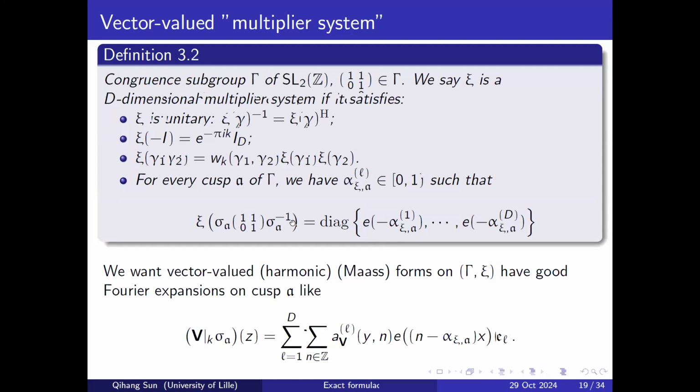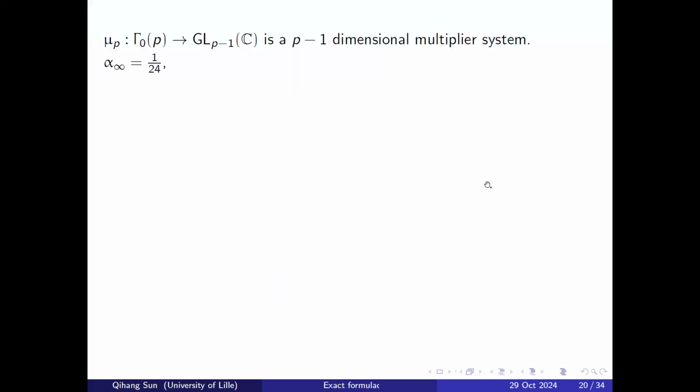I don't think this is very reasonable if we naturally just define a multiplier system in this way, but I want this property because I just want to write its Fourier expansion at different cusps, which means if it's diagonal, we can write its Fourier expansion at cusp a. And luckily, our defined mu p, the special transformation formula, matches every requirement here.